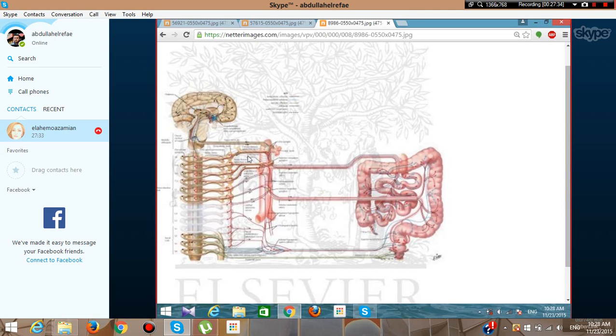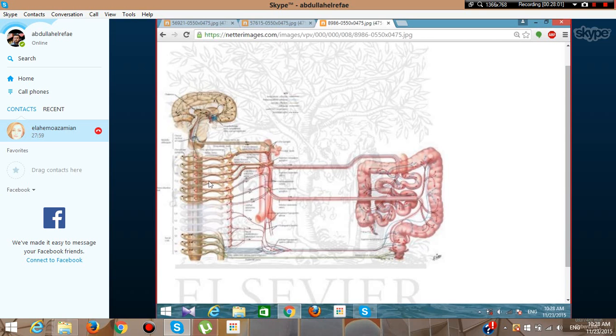Okay. Now let's talk about parasympathetic fibers. We said we can get it either from vagus, it's craniosacral. Sacral means sacral part of the spinal cord. Here you can see the blue fibers. Here is blue and black. Follow them.